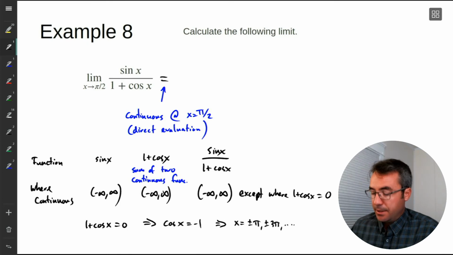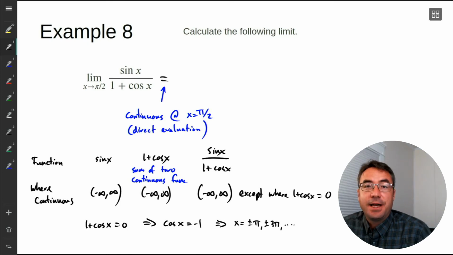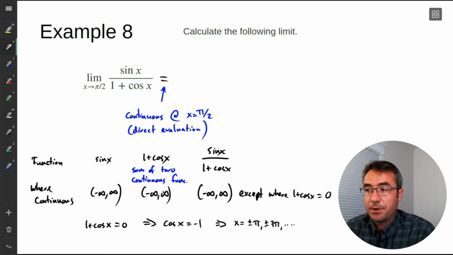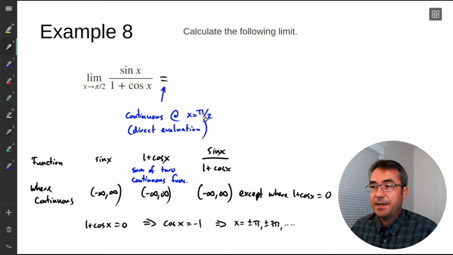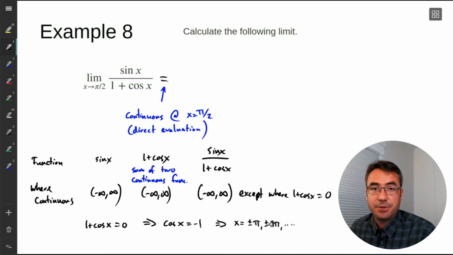All right, so this sine x divided by 1 plus cosine x is continuous everywhere except where we're dividing by 0. And we're dividing by 0 at these x values here. But for this problem, we're really interested in x equals pi over 2. So we've just shown that this function is continuous at pi over 2 because the only places we're getting division by 0 are at these odd multiples of pi.